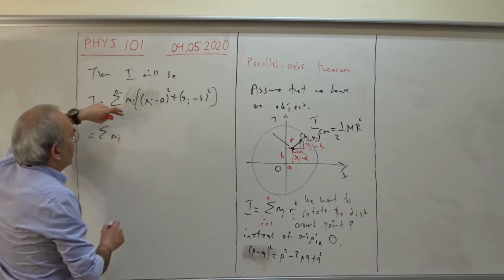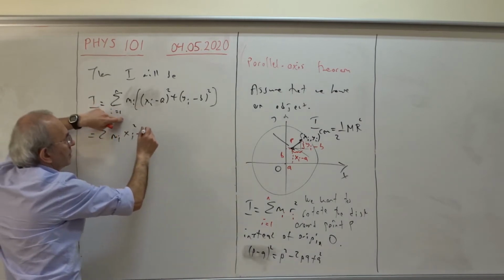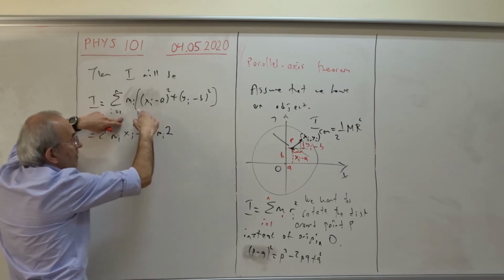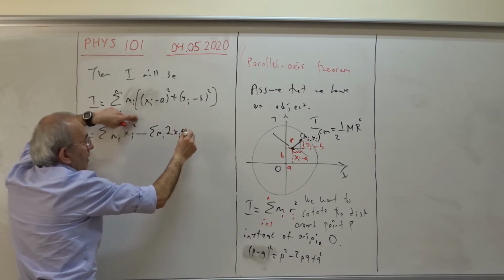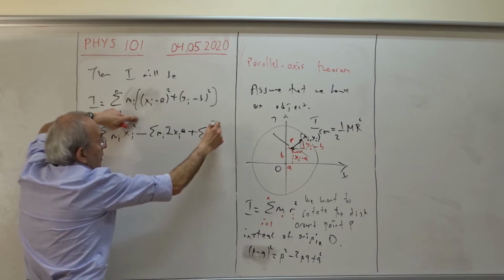Okay, so summation mi times xi squared, first term, minus again summation mi times twice first term xi, second term a, plus summation mi a squared.